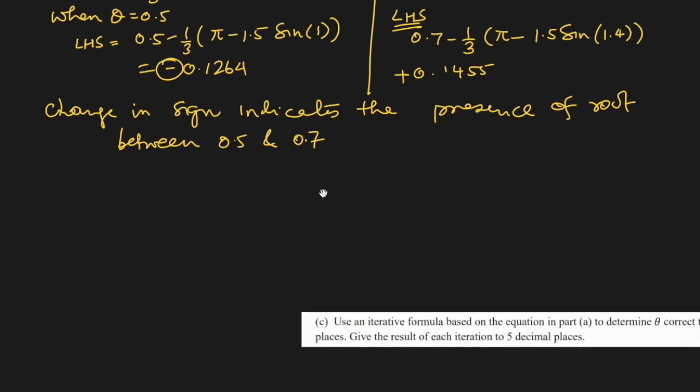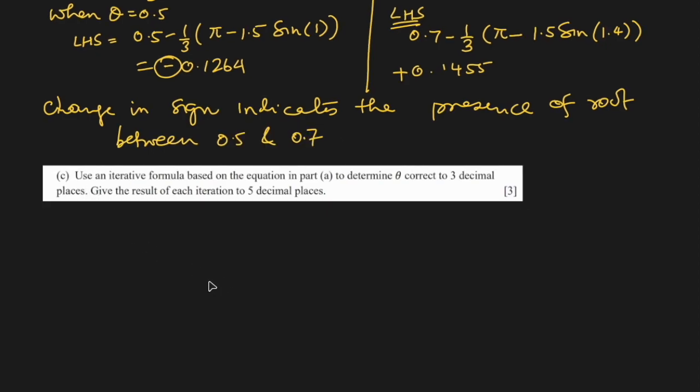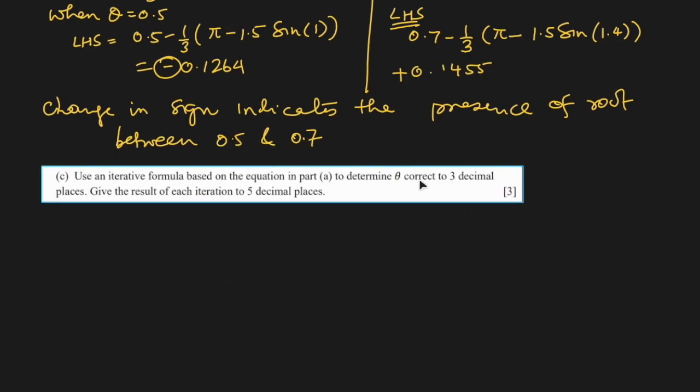Okay, what is next? Use an iterative formula based on the equation in part A to determine theta, correct to 3 decimal places, and give the result of each iteration to 5 decimal places.